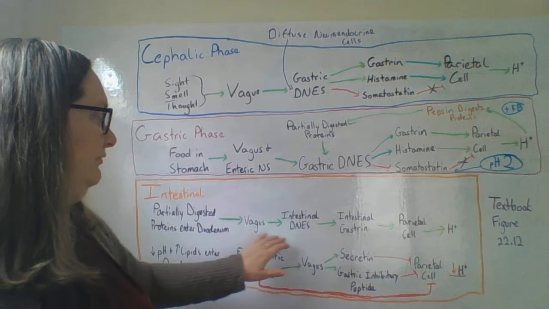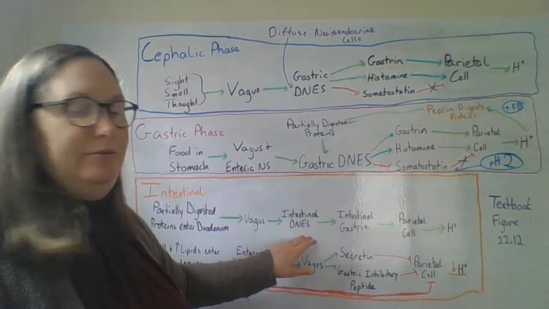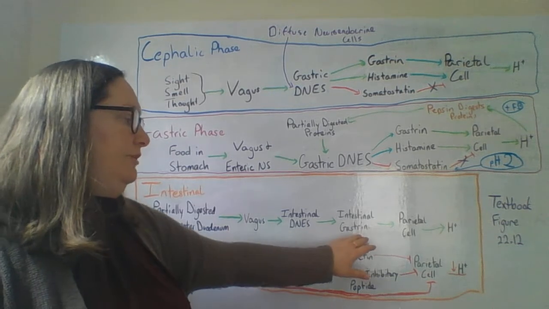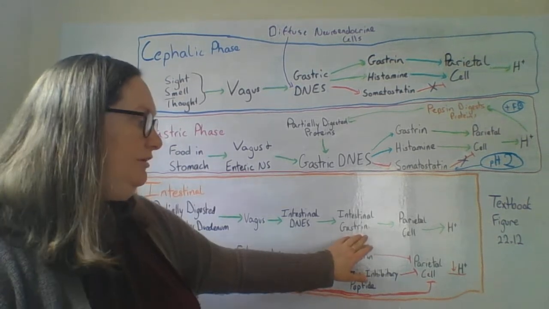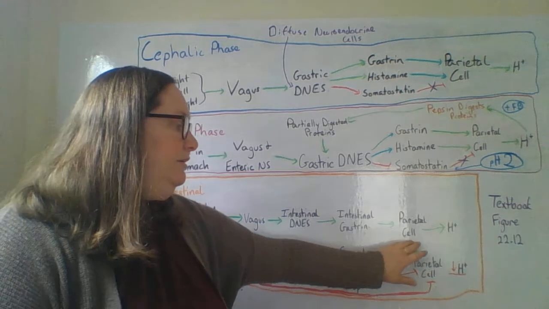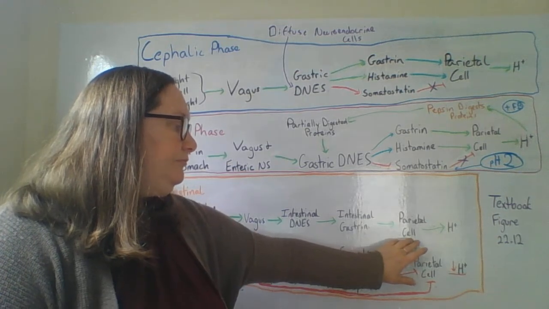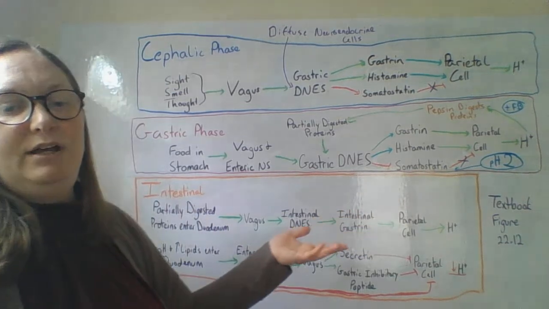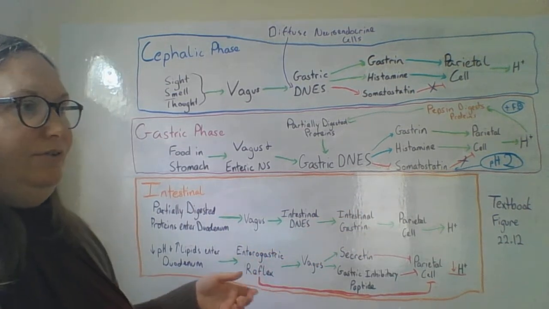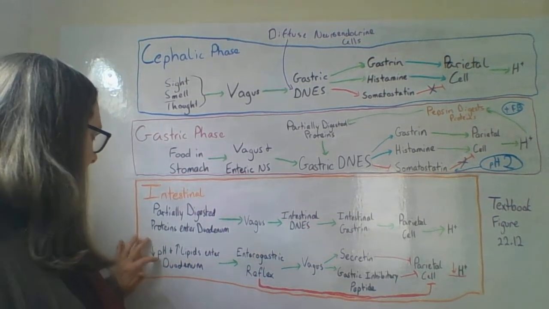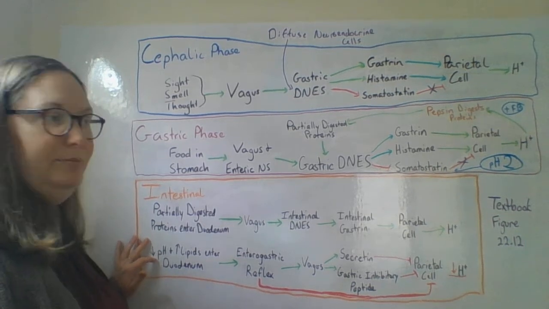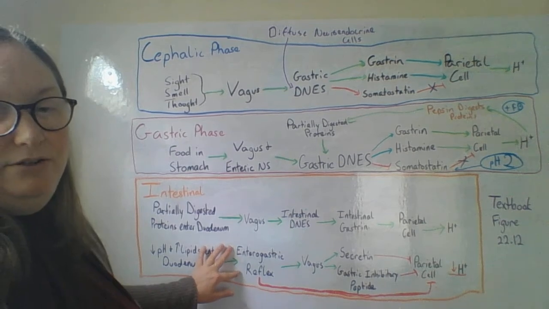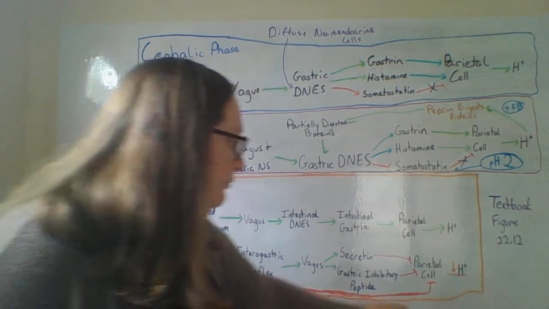So initially the intestine says, yeah, more, keep it up. Right? Stimulates the vagus, which stimulates the intestinal diffuse neuroendocrine cells, which stimulates the intestinal gastrin, travels in the bloodstream, and promotes hydrogen ion secretion by the parietal cells. Now, once the pH starts to lower and the lipids start to increase, you get the enterogastric reflex, which inhibits parietal cell activity.